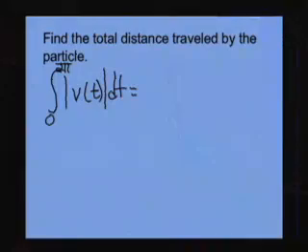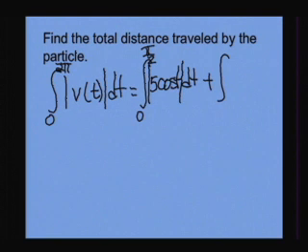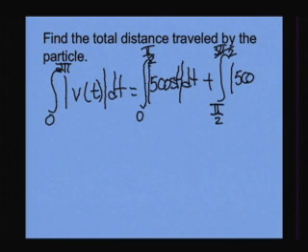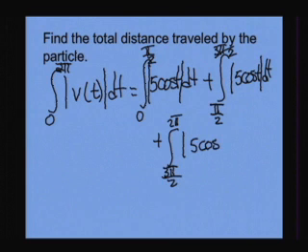So what this would be is the integral from 0 to pi over 2 of the absolute value of 5 cosine t dt, then we have from pi over 2 to 3 pi over 2 of the absolute value of 5 cosine t dt, plus the final section, which would be from 3 pi over 2 to 2 pi of the absolute value of 5 cosine t dt.